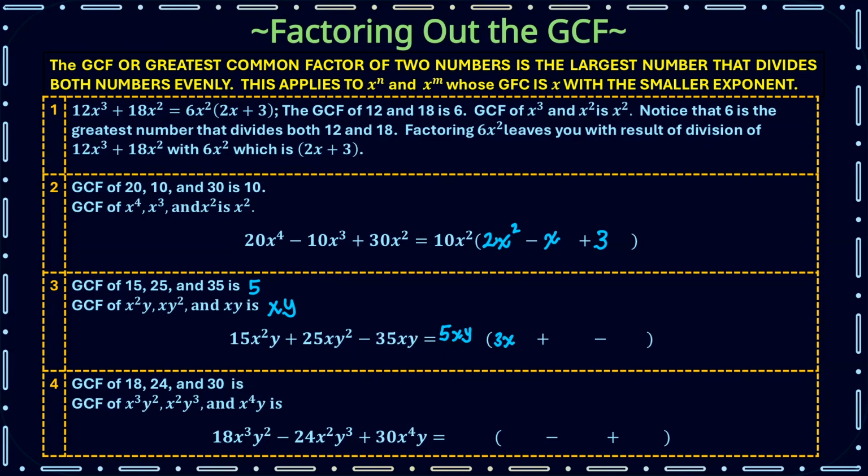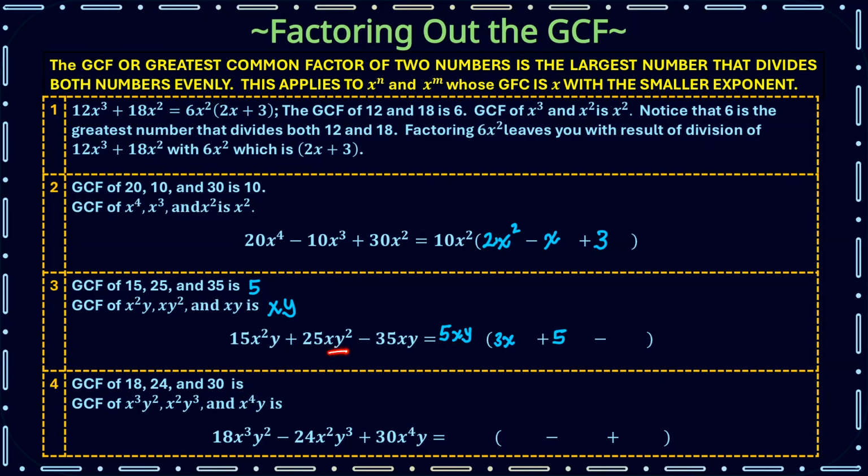And then we have y divided by y, which is 1. And again, you don't have to write 1. We have the next term, 25 divided by 5 is 5. And then we have x divided by x, that's a 1, so you don't have to write it out.